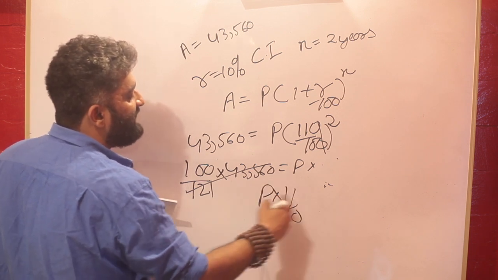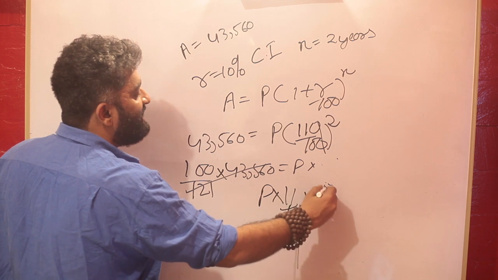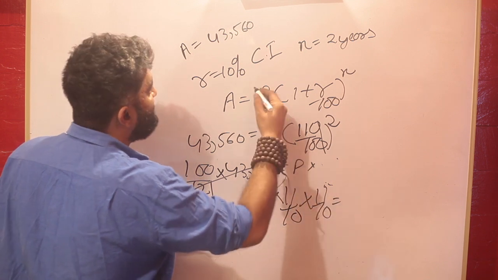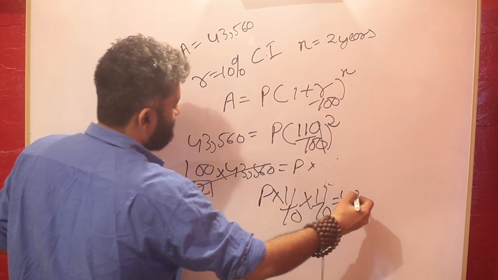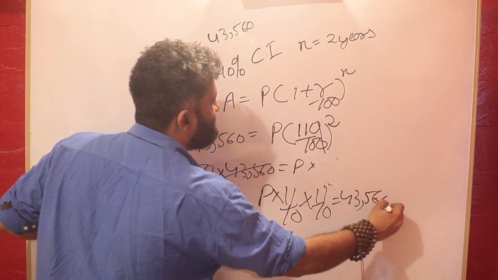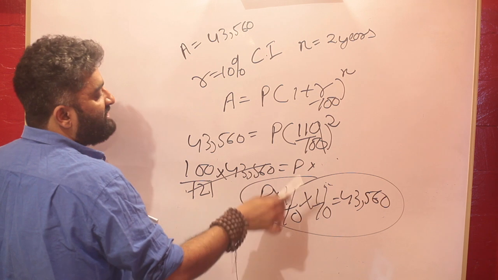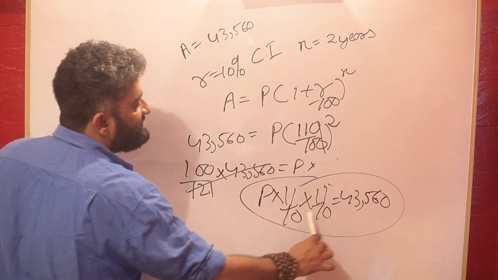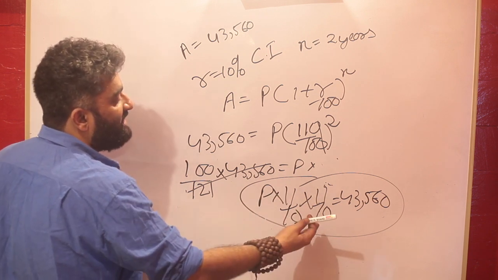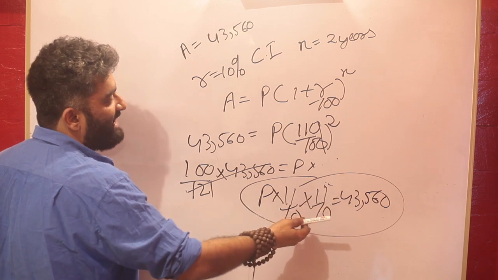That means the first year it would be 11 by 10, and the second year again 11 by 10, equal to 43,560. So once again, go through the percentages chapter in case you haven't done that, and you will see this is a very familiar idea. We have done this a hundred times.